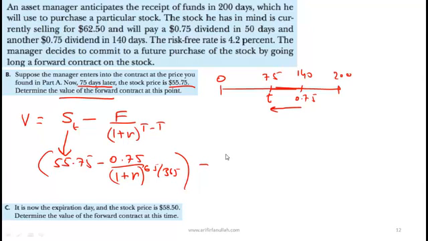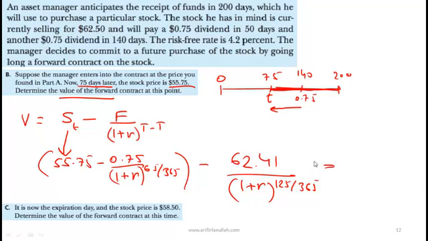So that becomes the spot minus the forward price, which was from our previous part, 62.41, divided by 1 plus R to the power of this amount of time. You notice that all this is just time value of money. This is 125 days, so 125 over 365.